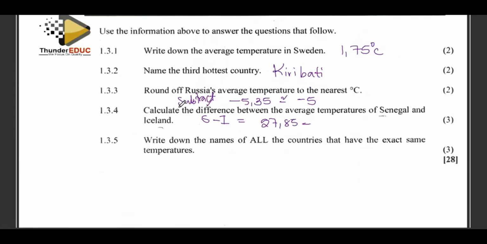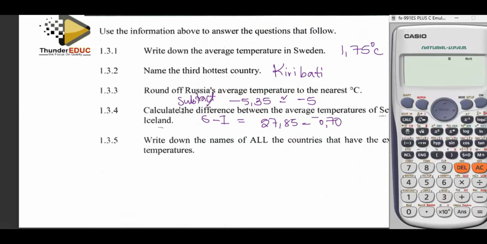So minus minus 0,7, so you pick your calculator. When it comes to such a scenario, please don't hesitate, because some people will give you answers that you've never seen before. Minus, then they said minus. Don't worry, we can do that. And the answer became 28,55.